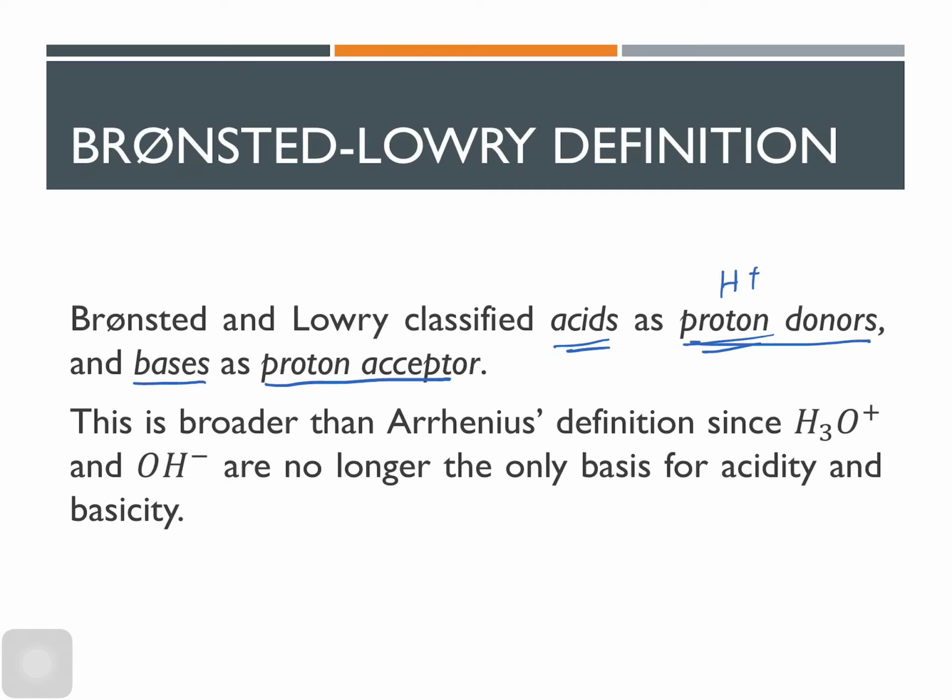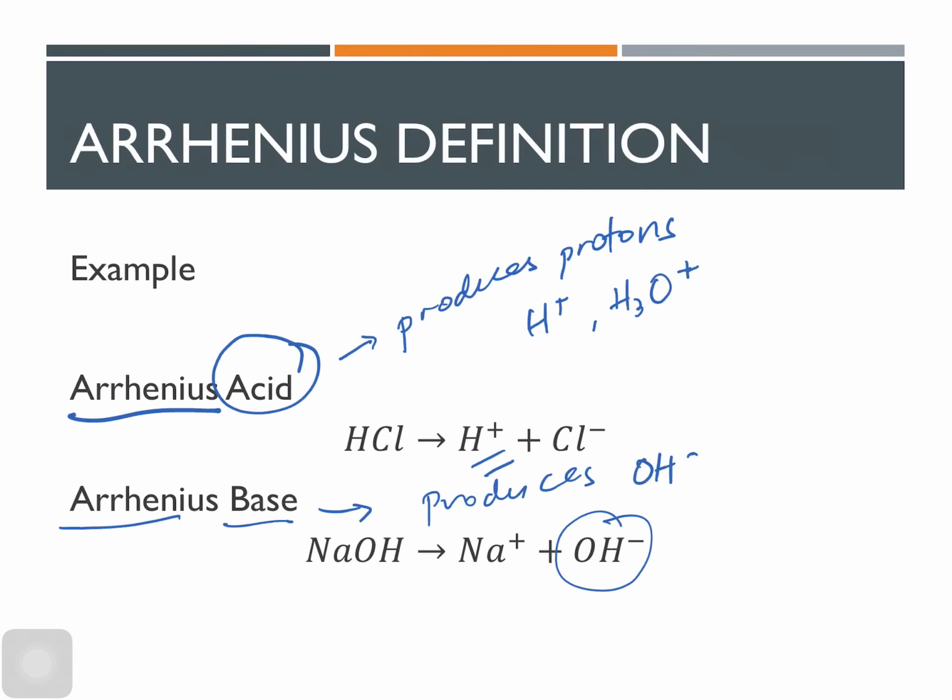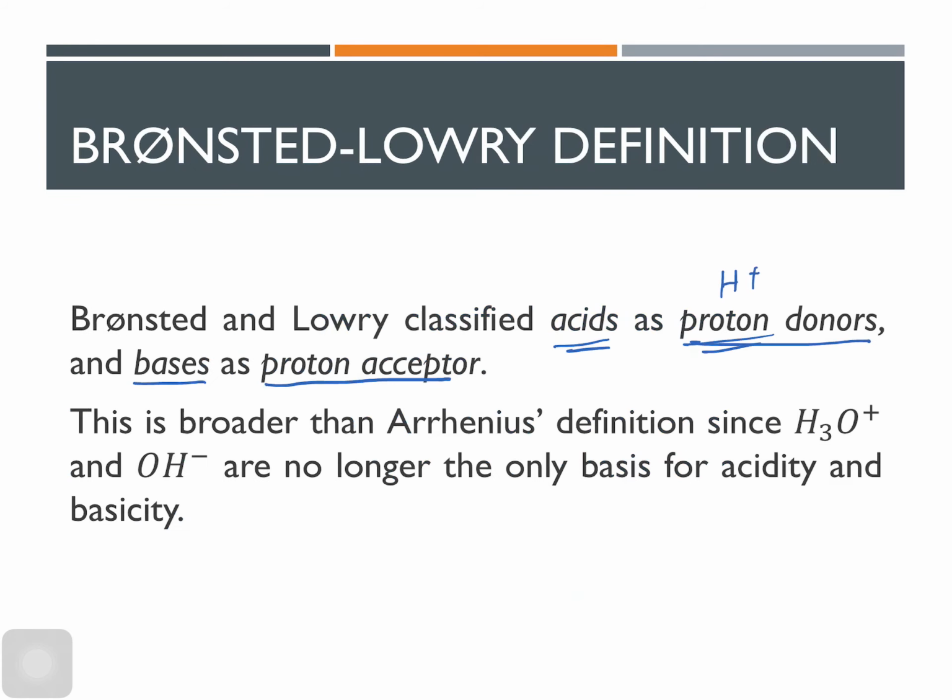So instead of talking about hydroxide as for an Arrhenius base, a Brønsted-Lowry base is the molecule that accepts the proton that came from acids. That means this definition is much broader because it can define which molecules are acids and bases for a huge variety of chemical equations.